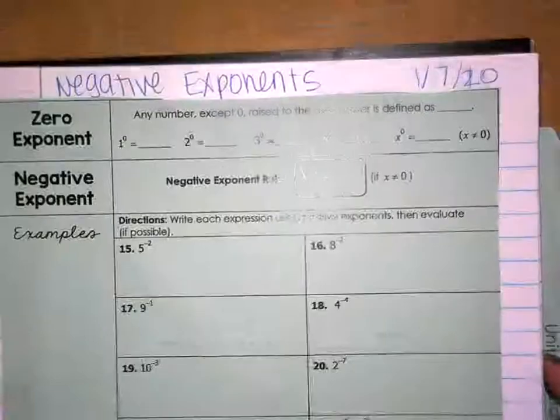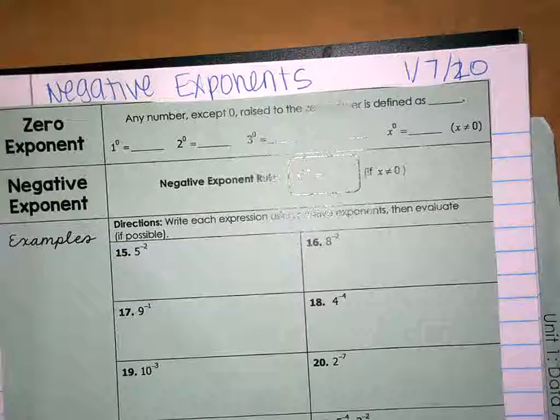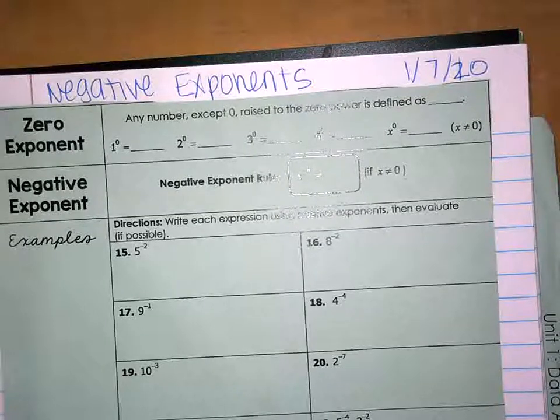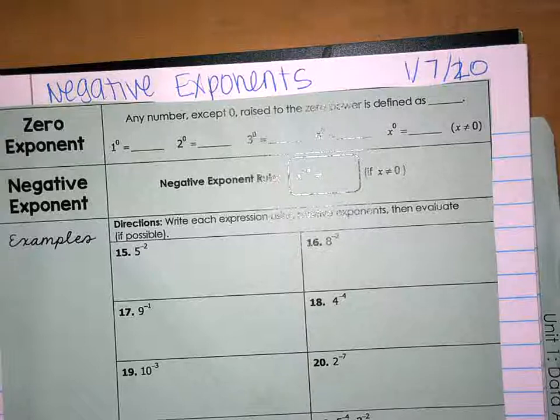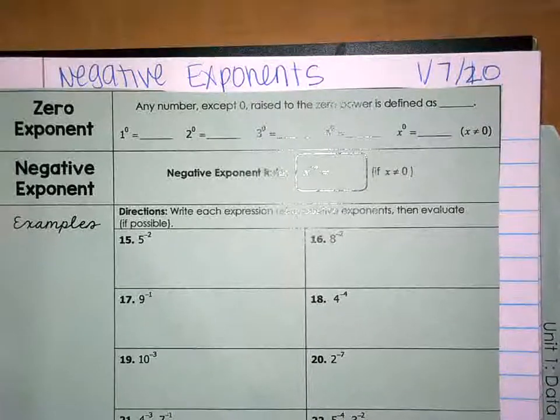Okay, let's go to the green page that we just glued into our notebook. And the first one is we're going to talk about zero exponents. Zero exponent is an exponential rule that you just need to have memorized. It says any number except 0 raised to the 0 power is defined as blank.